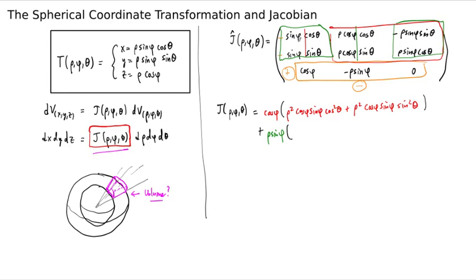So this one's going to be sine of phi, sine squared phi, cosine squared phi times rho. So this is rho sine squared phi cosine squared theta, minus a negative again, so plus rho sine squared phi sine squared theta.